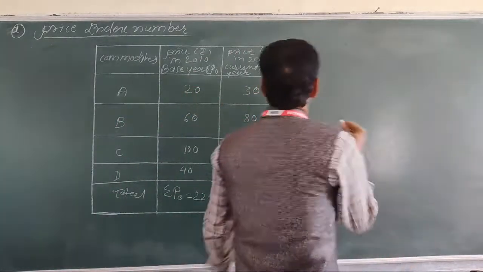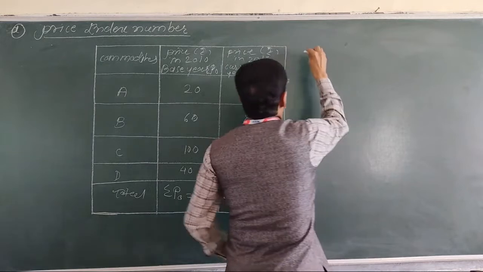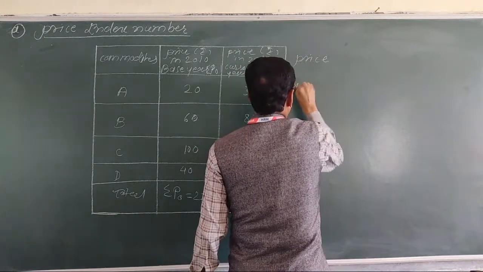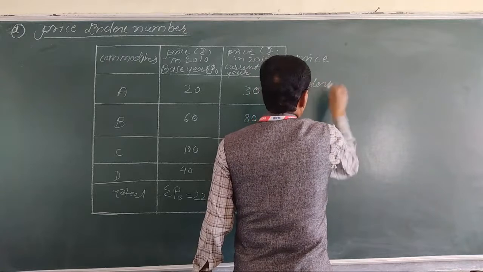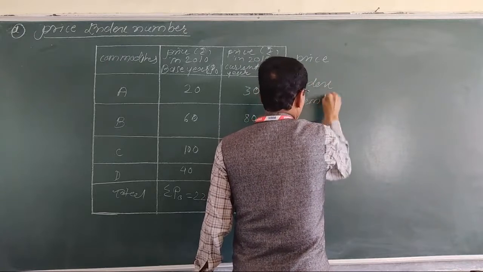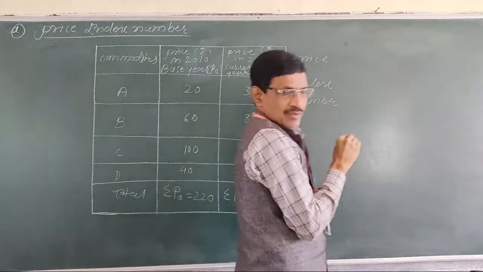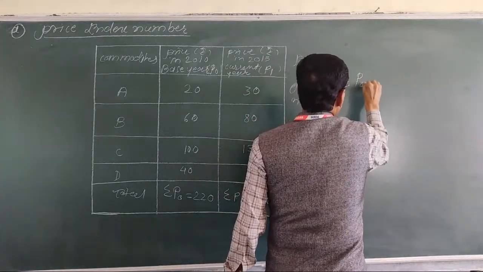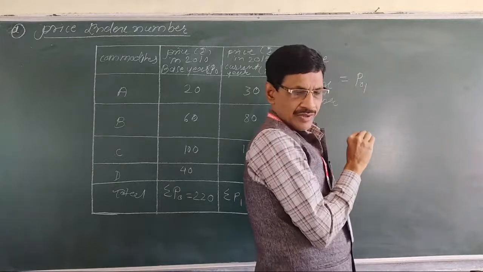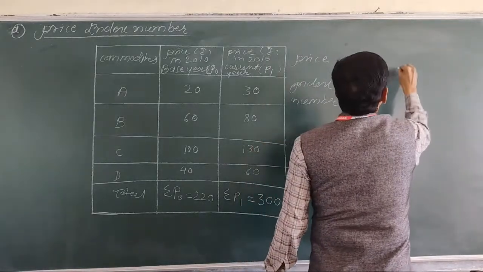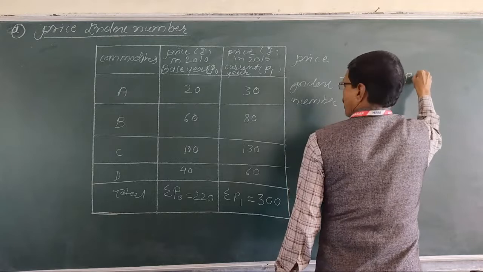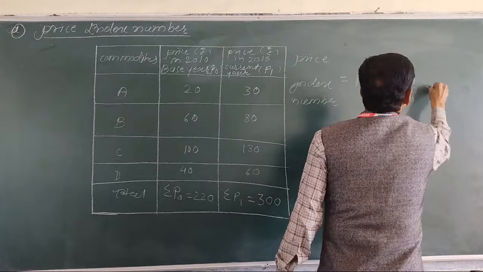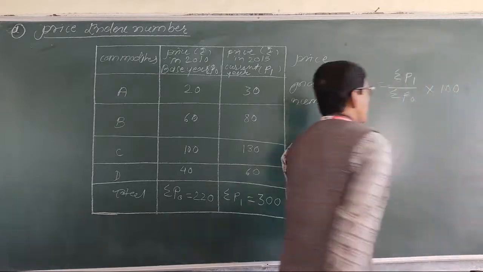Then the formula of the price index number. Price index number P01 is equal to summation P1 upon summation P0 into 100.